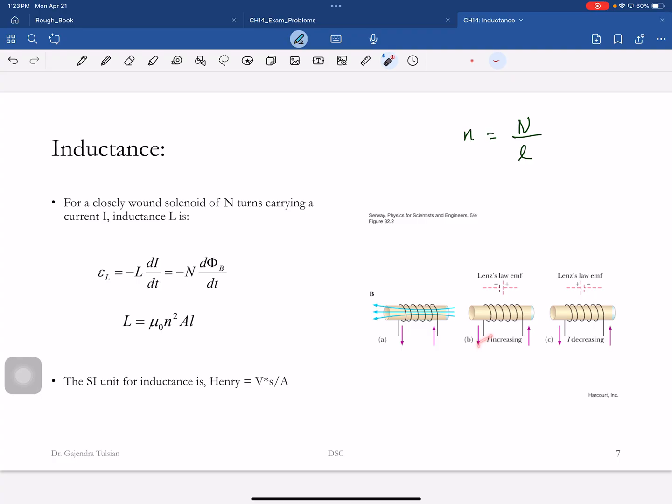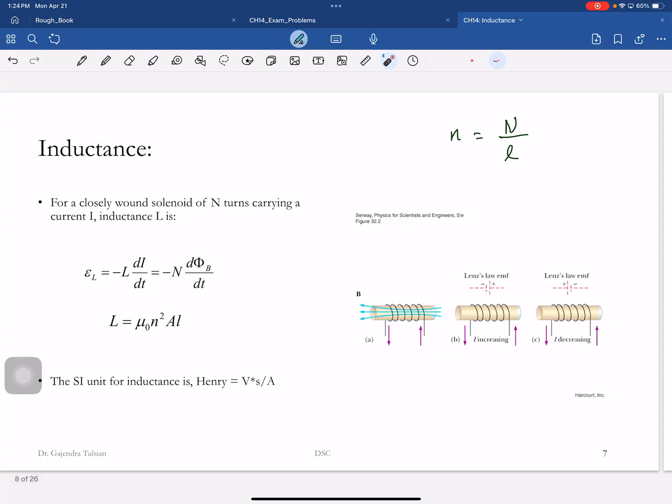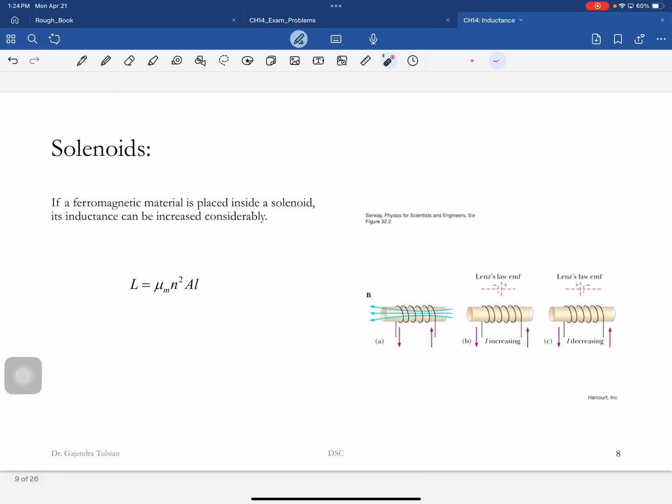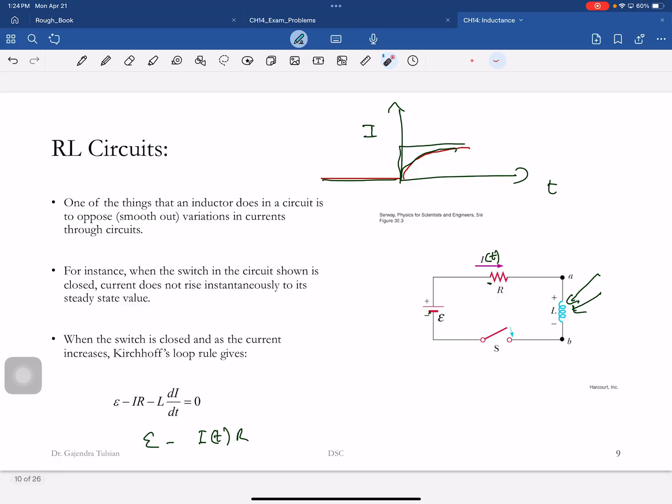Again, this device doesn't like changes in current, so it will smooth out currents in circuits. If there are current spikes, it will smooth out those current spikes. You saw that with an inductor present in the circuit, the current rises exponentially.